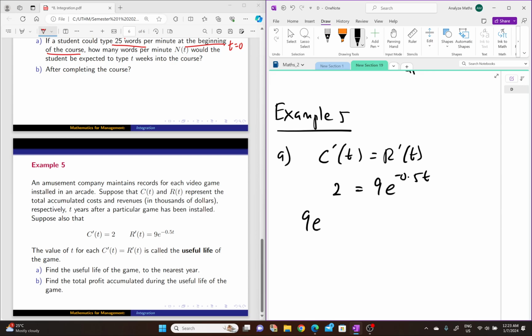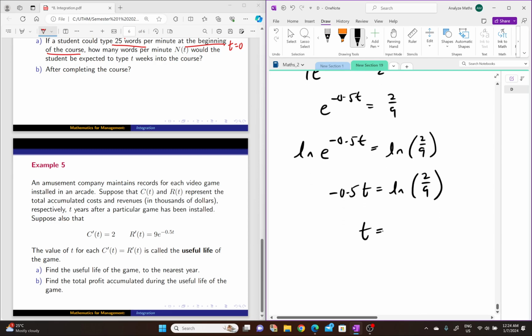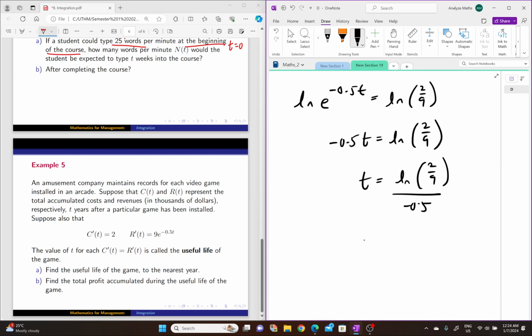So basically we need to solve this. And t is equal to 3.008, approximately 3 years.